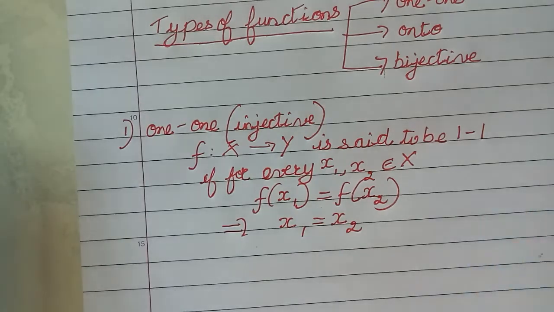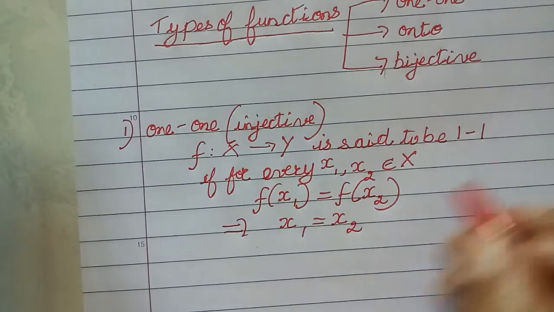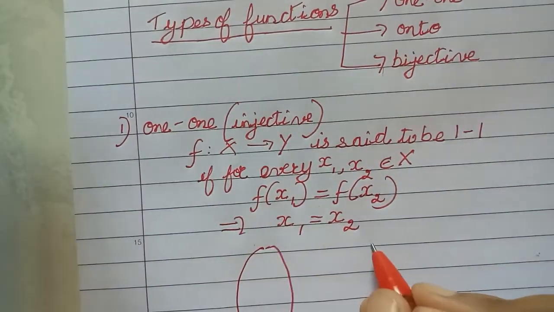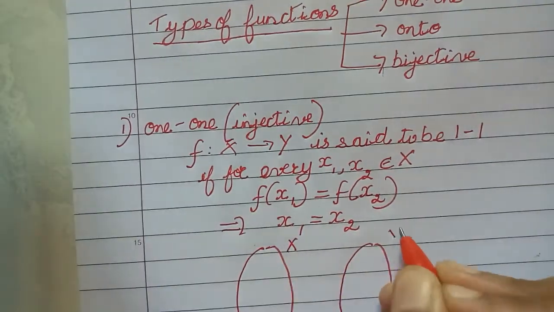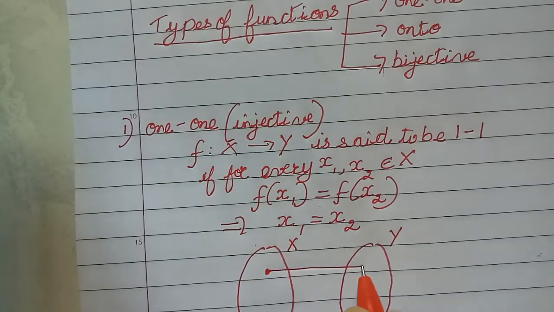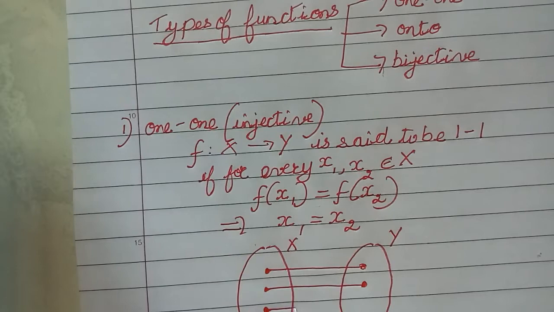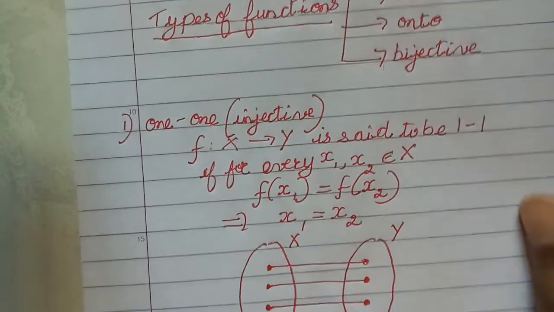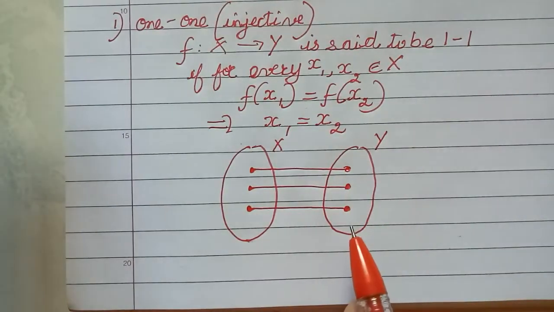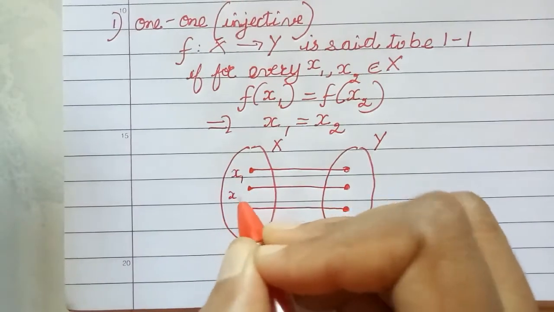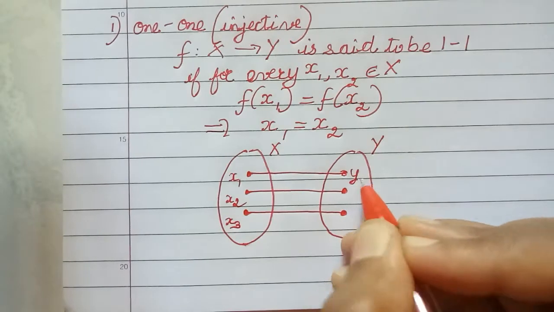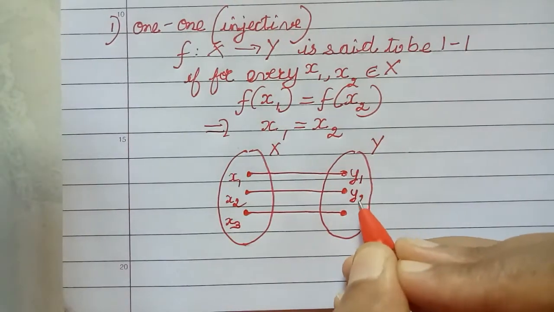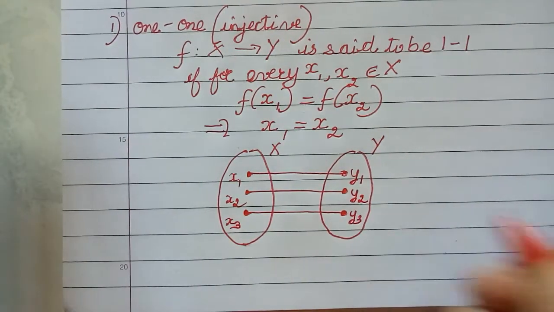So for example, if I draw it pictorially, children, you can see that this is a function f. Suppose this is your X and this is your Y. Every element coming from your X will have only one image. Suppose this is my x1, this is my x2 and this is my x3. Every x will have a unique y1, a unique y2 and so on.